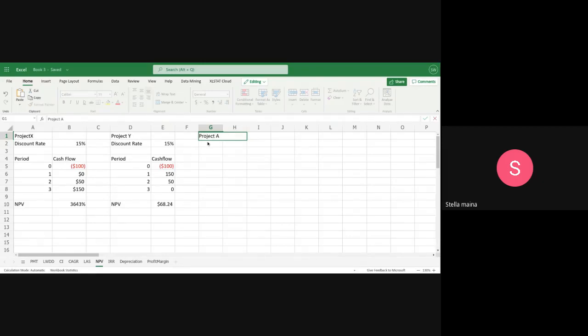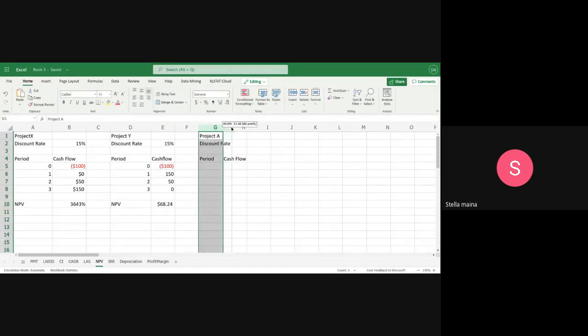Yeah, project A, discount rate. And then we'll now have our period and our cash flow. Let me just increase that width.